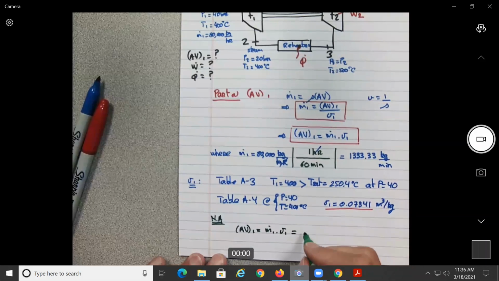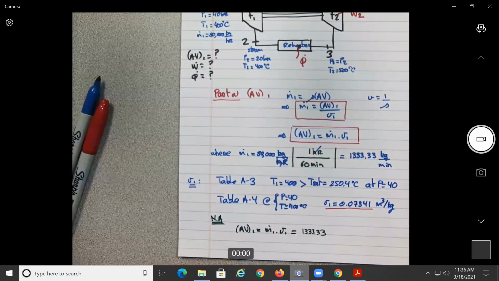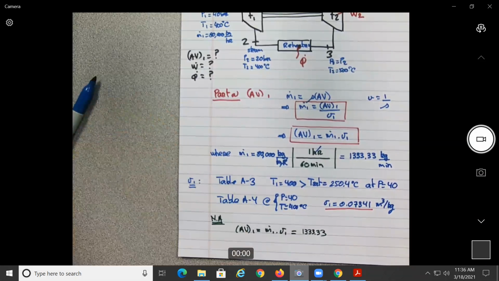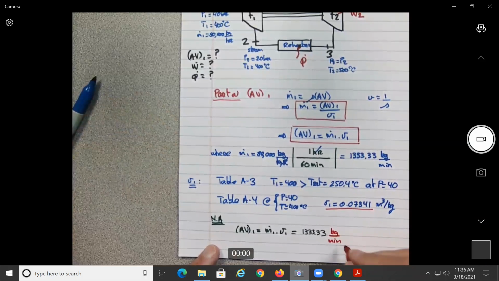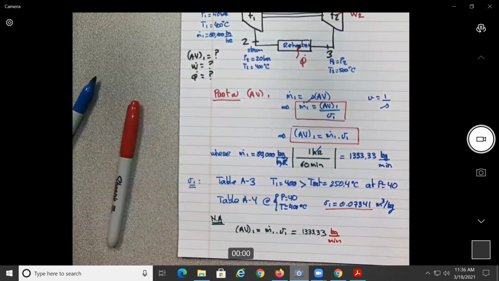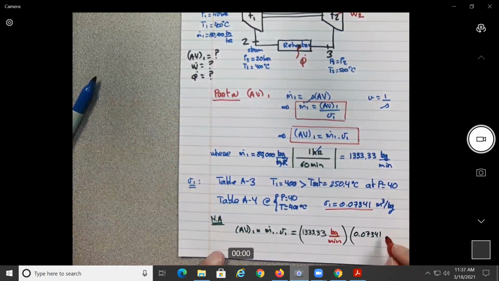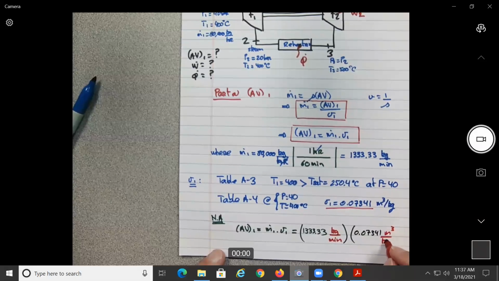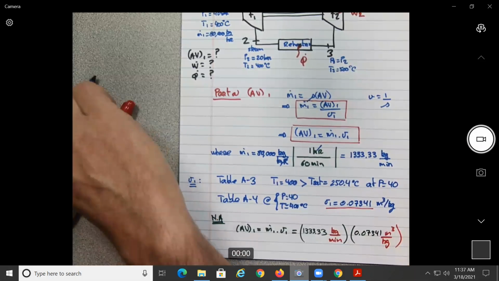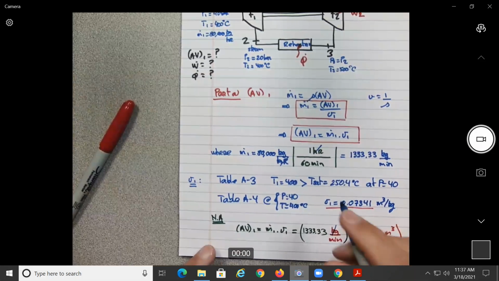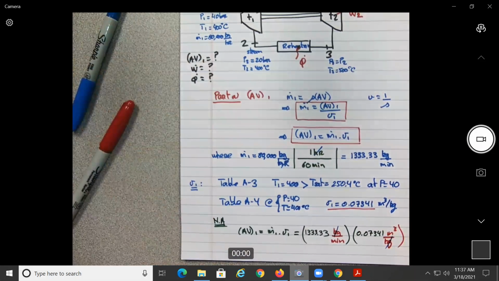Will be equal to what? 1,333.33 kilograms per minute times V1, which is 0.07341 cubic meters per kilogram. So you see right away that this kilogram will cancel out, and we're going to get the units that they're asking us.